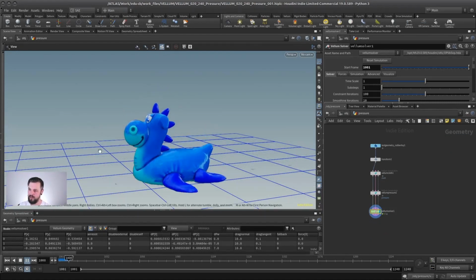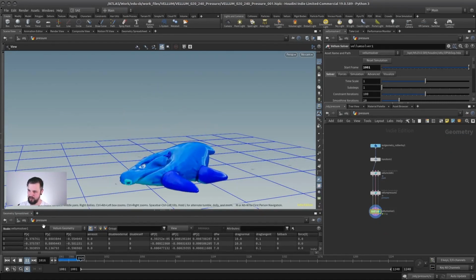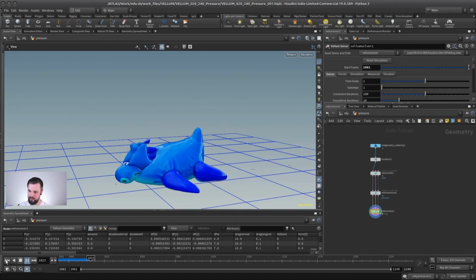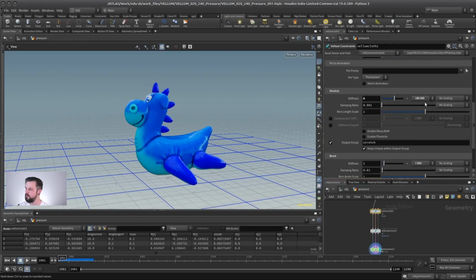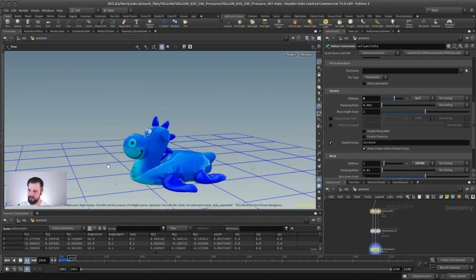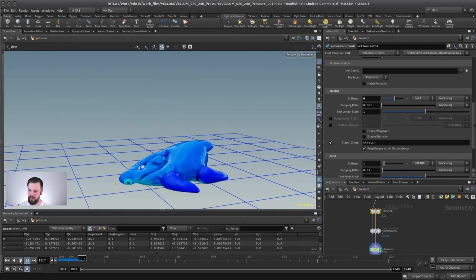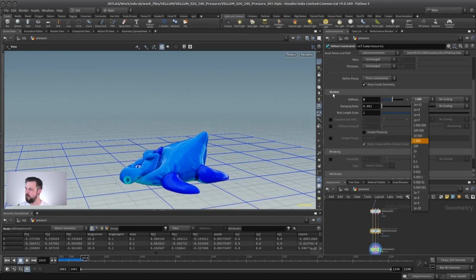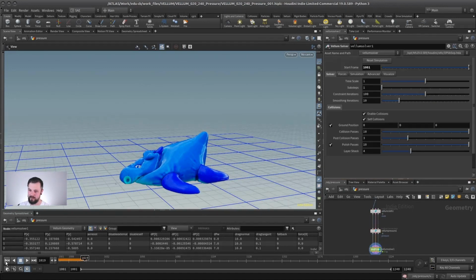And now we will see it's much better. It should be, at least a little bit. Well, let's increase it further then. Try that again. And now maybe let's increase the stretch stiffness of the vellum pressure so that we keep our pressure intact.